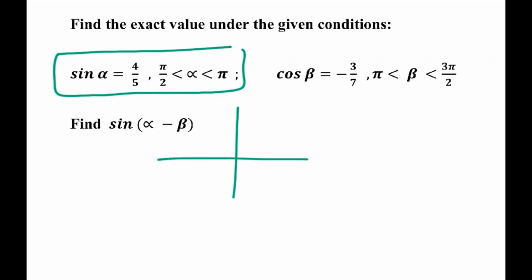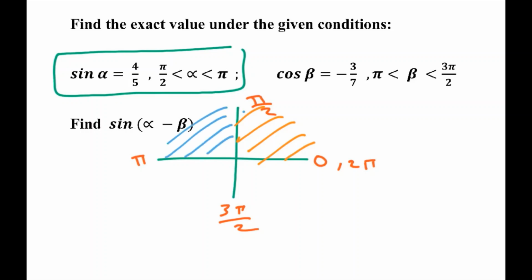Where is pi over 2 to pi? This is 0, pi over 2, pi, 3 pi over 2, and 2 pi. So if I say from 0 to pi over 2, that's the first quadrant. Pi over 2 to pi, that's the second quadrant. Pi to 3 pi over 2, that's the third quadrant.